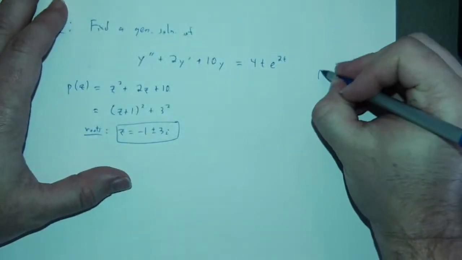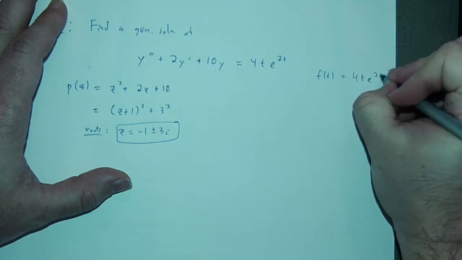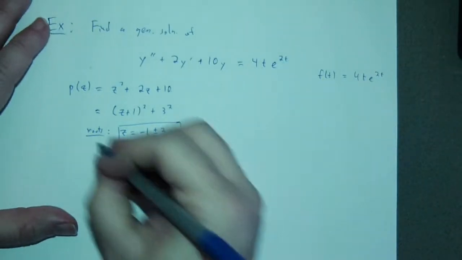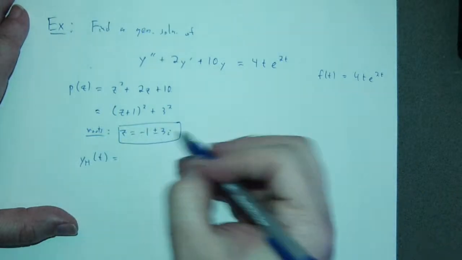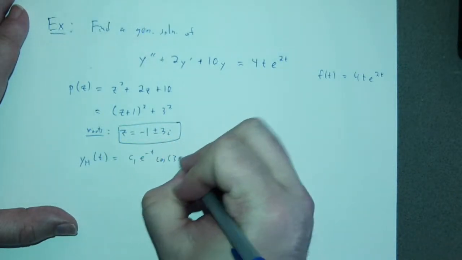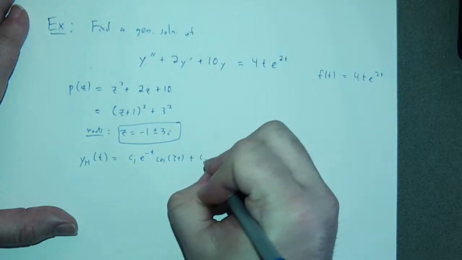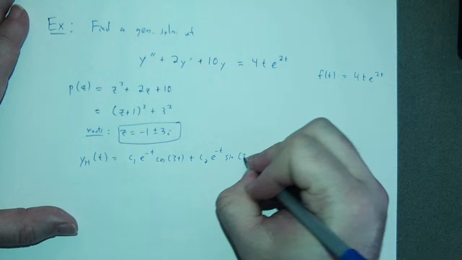Before I go on, I'll write the homogeneous part. Based on these roots, this is c1 e to the minus t cosine of 3t plus c2 e to the minus t sine of 3t.